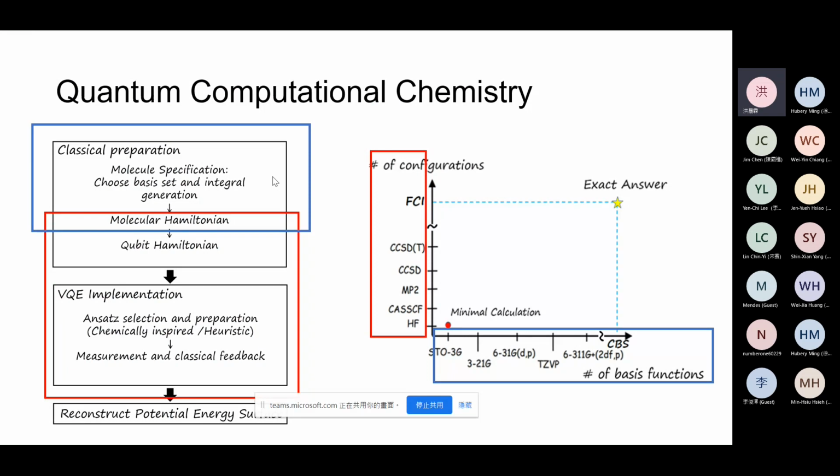But for the red region, the quantum part, we also need to map the molecular Hamiltonian to a qubit Hamiltonian. So even if we choose the better molecular Hamiltonian, we can reduce the qubit resource from the mapping part and by choosing a good quantum algorithm to solve our qubit Hamiltonian.